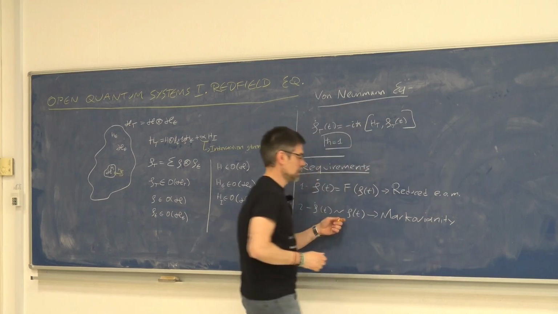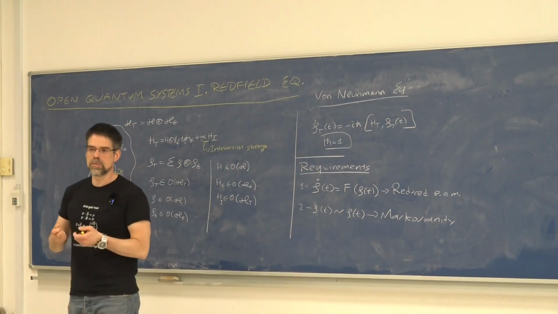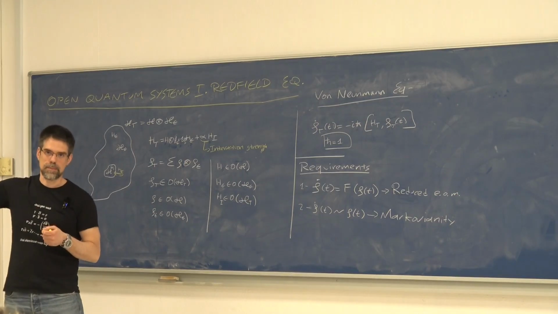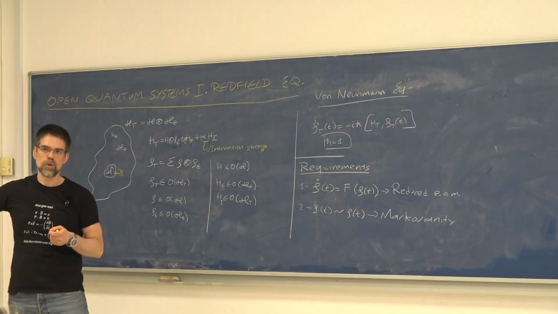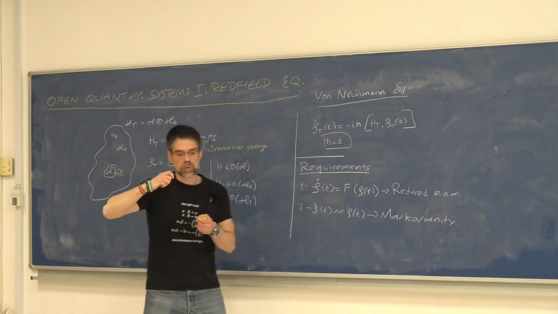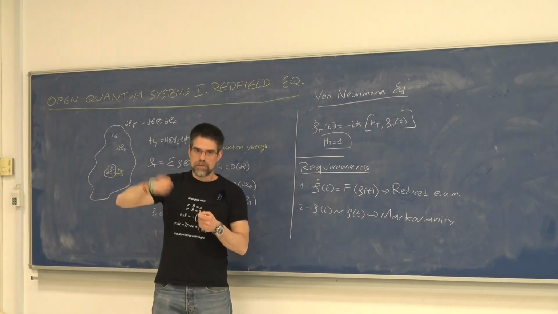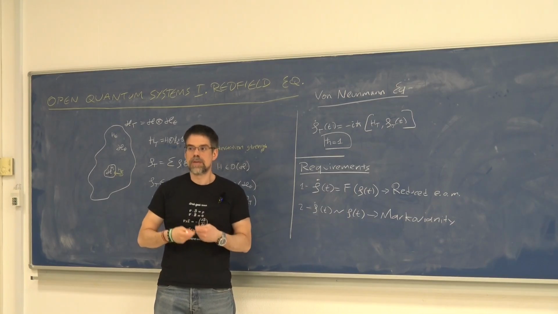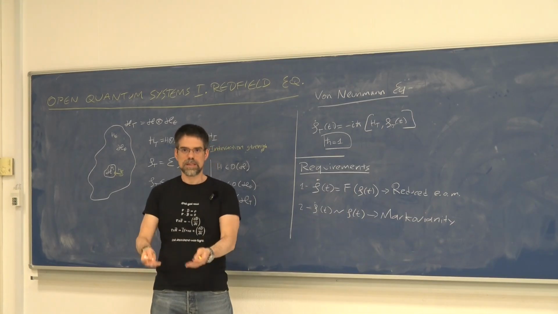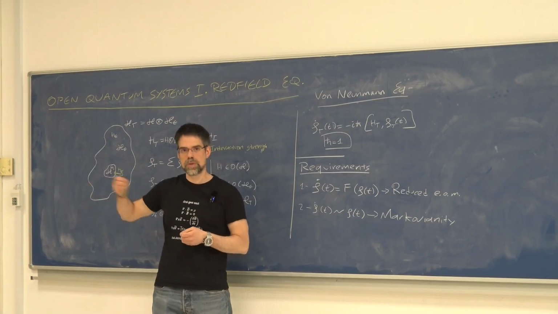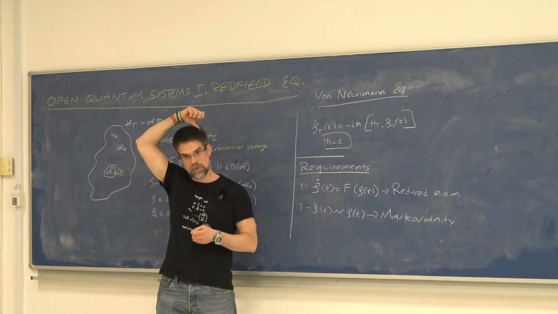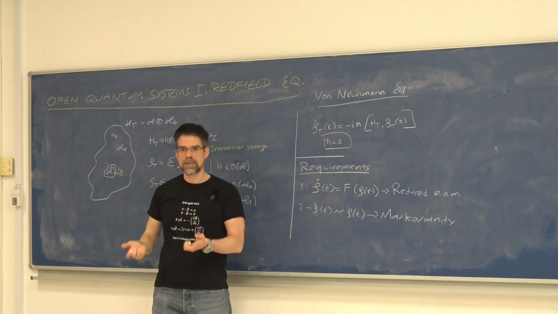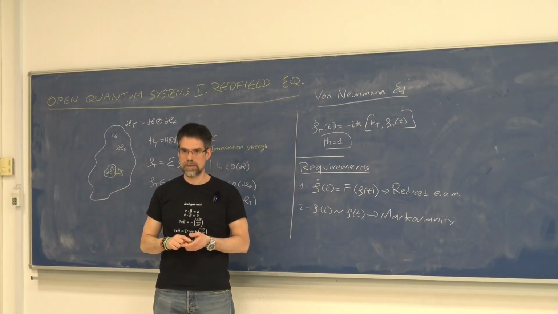Basically, what this means is that if we are at a certain time and we want to calculate the dynamics of our system at this time, we don't want to integrate over all the previous dynamics of our system. So if you give me the state of the system at a certain time, I can keep making the evolution without knowing where it comes from. This is also more or less equivalent to saying that we have to forget the initial state of our system.